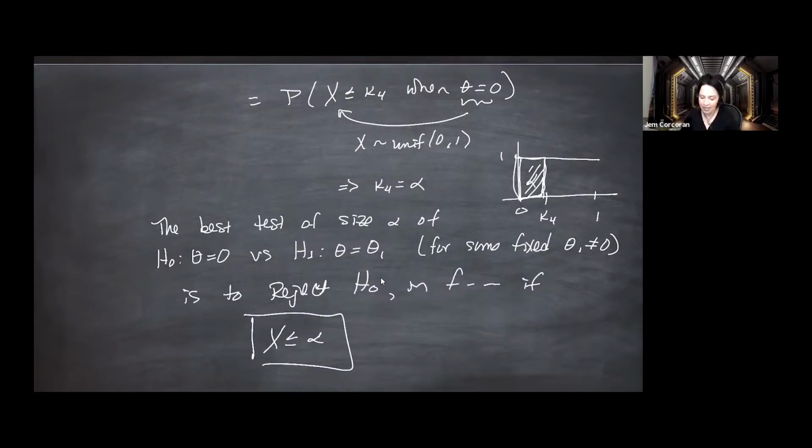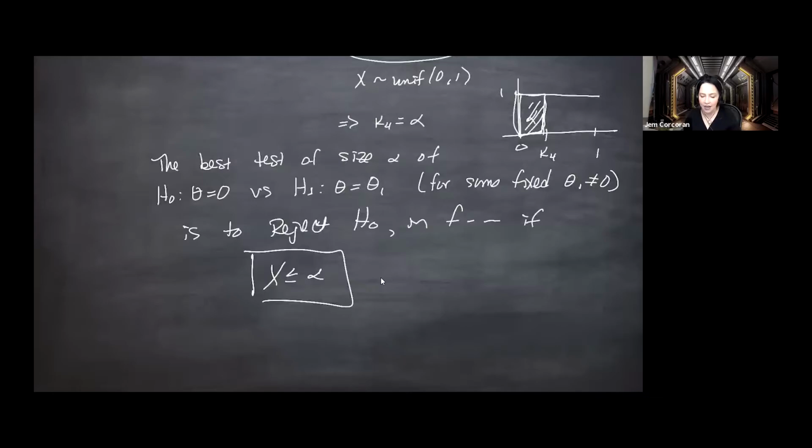Again, if you have a sample of size 1, this is like an x1 less than or equal to alpha, depending on whether you decided to just call it x or call it x1.